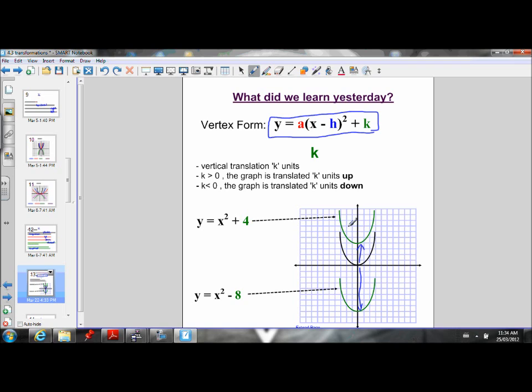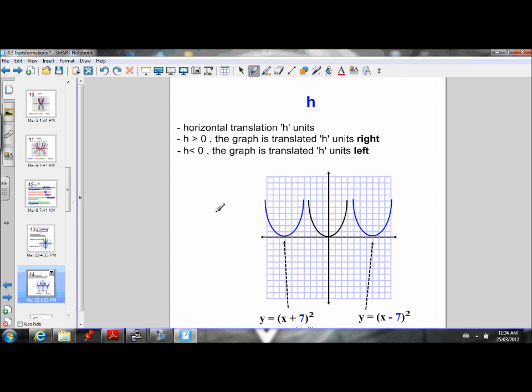This is the graph of x squared plus 4. This is x squared minus 8. We also learned that when we varied the value of h, if h was greater than 0, the parabola moved to the right. Remember, it's going to look like this.